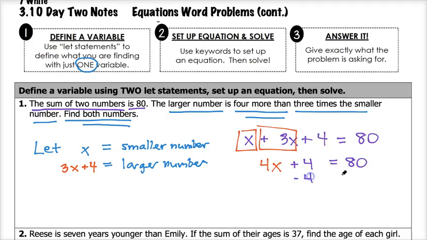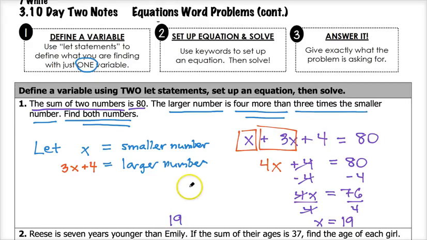I can subtract 4 from both sides, and I get 4x equals 76. And then divide both sides by 4, and x is equal to 19. Now be careful, make sure you're answering the problem correctly. The problem asks us to find both numbers, so one of my numbers is 19.